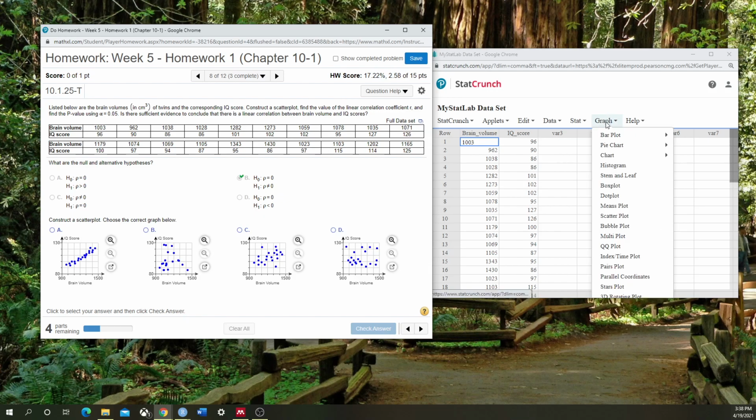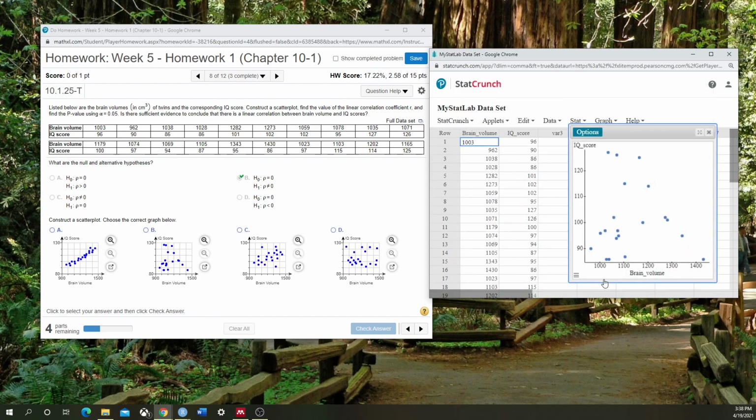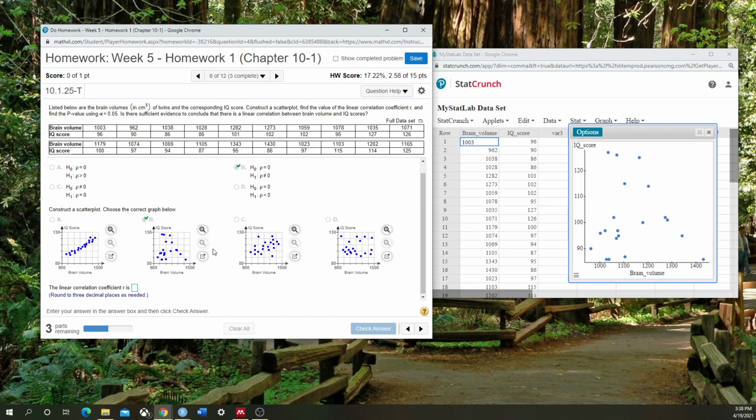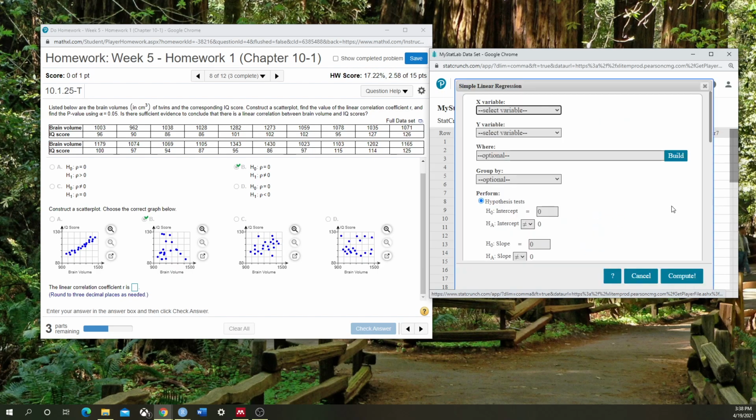All right, let's visualize our data. Go to graph, scatter plot, brain volume, IQ score, compute. Looks like this one. Kind of close, pretty close, good job. The linear correlation coefficient: stat, regression, simple linear, brain volume, IQ score.